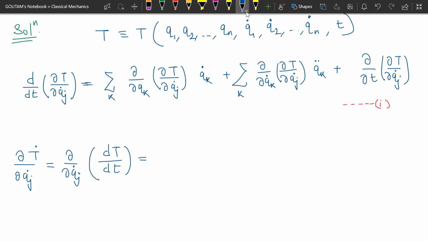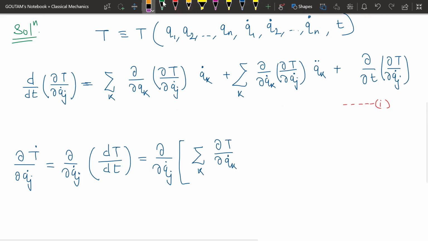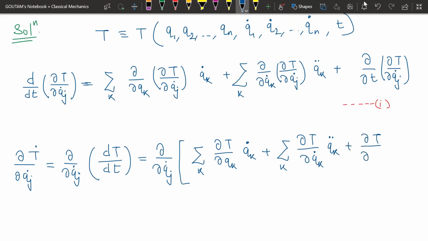It means ∂/∂q̇j of the sum over k of ∂T/∂qk times q̇k, plus the sum over k of ∂T/∂q̇k times q̈k, plus ∂T/∂t.